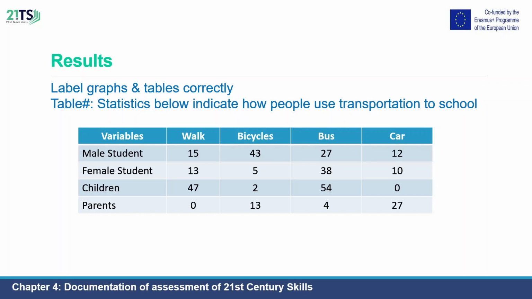Present this kind of statistical information so readers can catch the information immediately, for example how many males go to school by bus or how many go to school on foot.